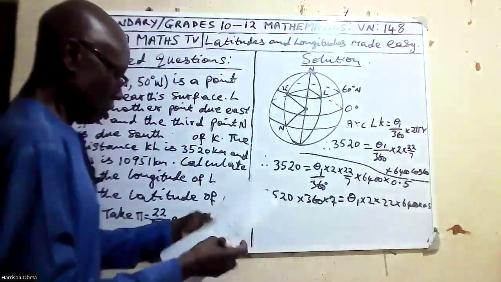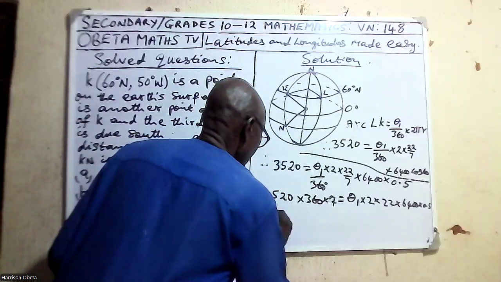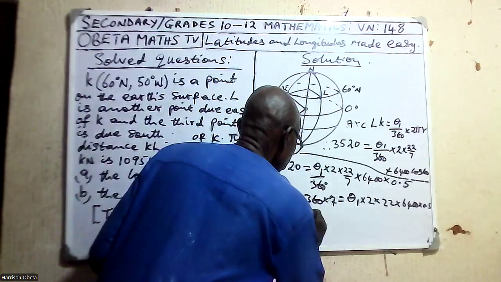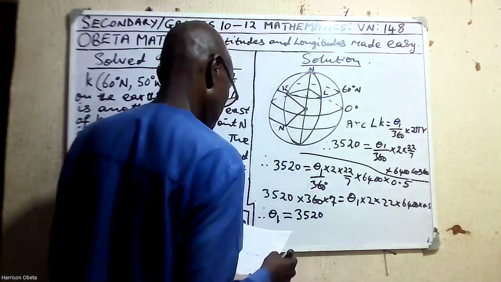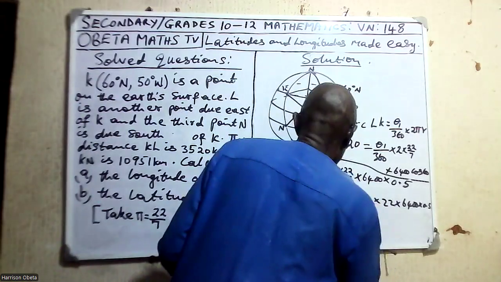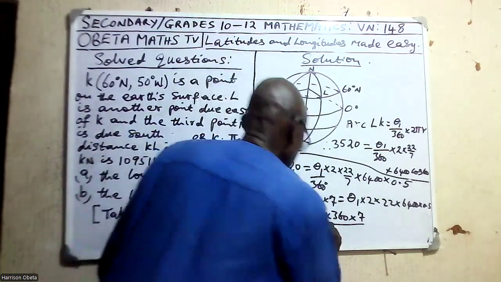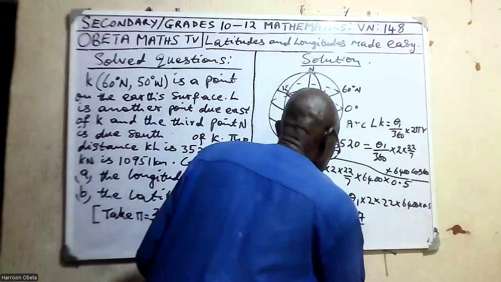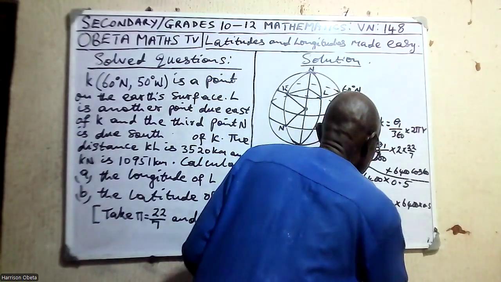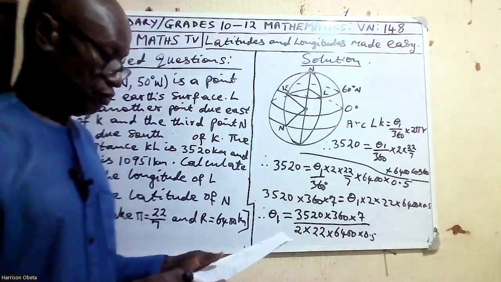So theta 1 is equal to 3520 multiplied by 360 multiplied by 7, divided by 2 times 22 multiplied by 6400 multiplied by 0.5.